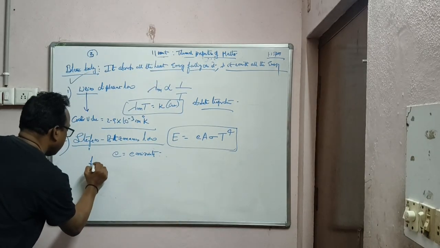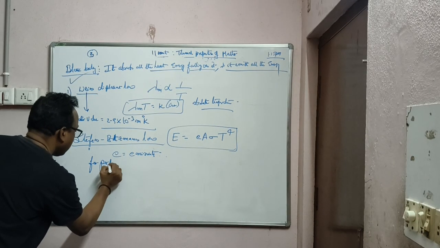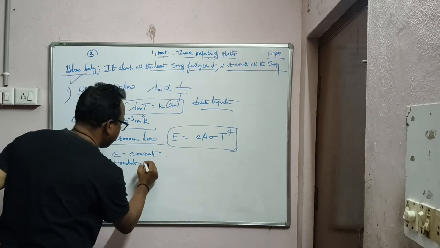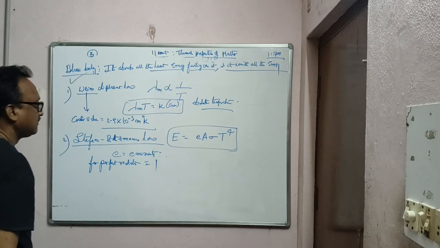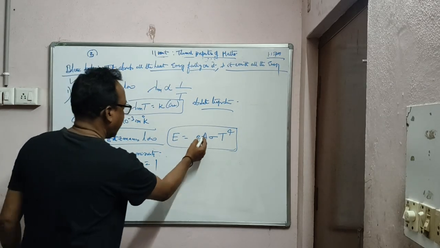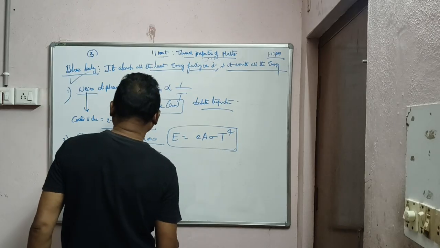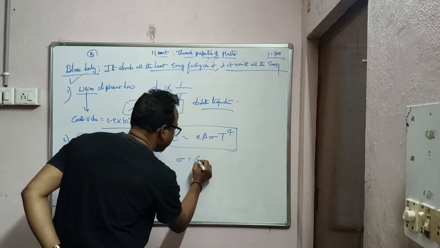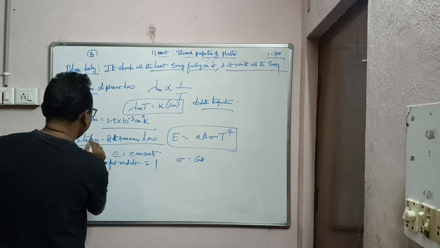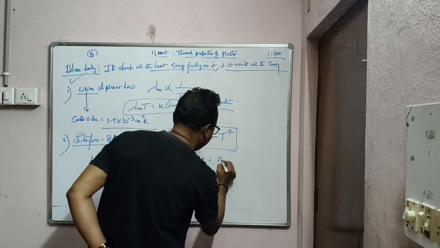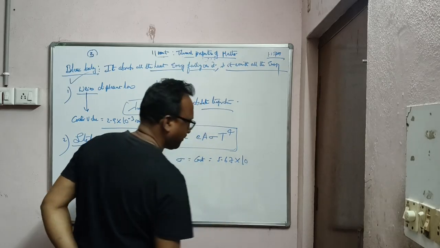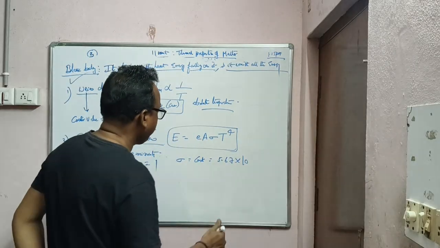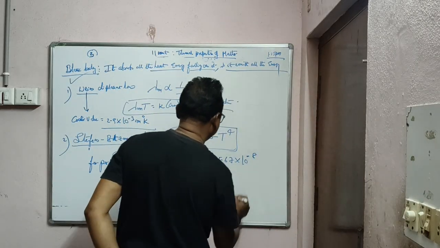A is the area, and sigma is the Stefan Boltzmann constant. Its value is 5.67 into 10 to the power of minus 8.